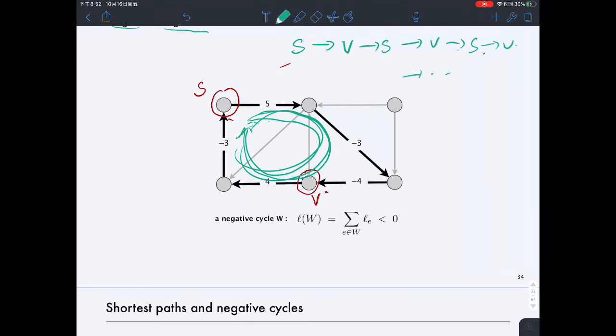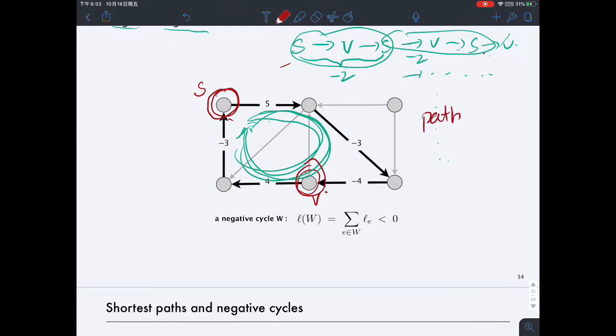Basically I'm going to travel from S to V and back to S, back to V, back to S, back to V. I can just keep doing this, and every time I go back to S, my path length is going to be negative 2, and this is going to be negative 2, and so on and so forth. So I keep doing the same thing for an infinite amount of time. Then we're going to get a path connecting S to V with negative infinite weight.